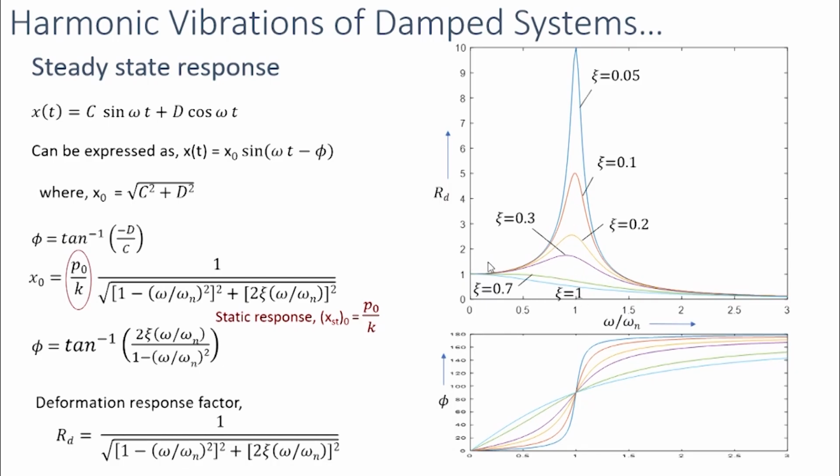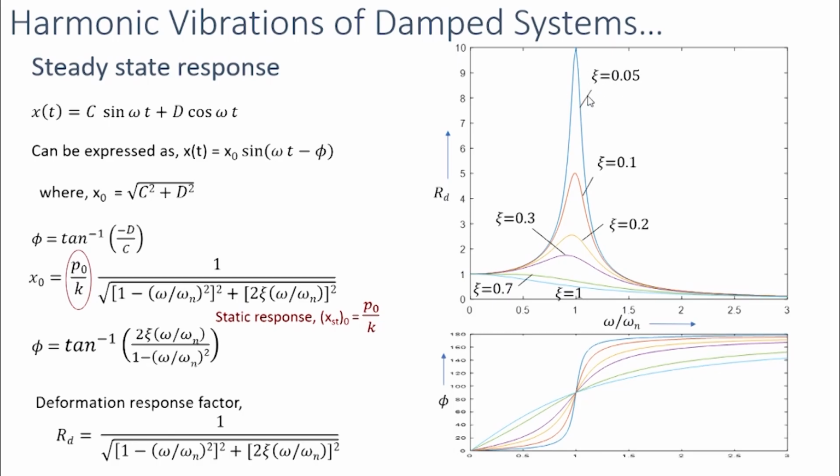As we have seen in the undamped systems, when the frequency ratio is close to 0, that is when the forcing frequency is close to 0, we can see that Rd is equal to 1. That means the amplitude of the steady state response will be equal to the static response P0 by K. When the frequency ratio increases, this response factor will also increase, and that increase will depend upon the value of damping.